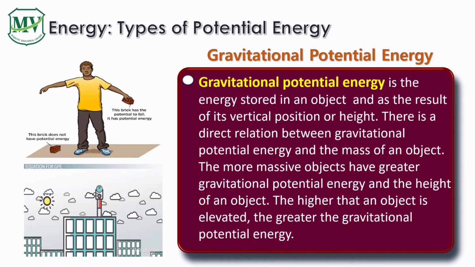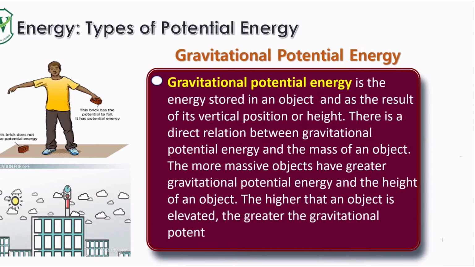The amount of gravitational potential energy an object has depends on the height and its mass. The heavier the object is and the higher it is above the ground, the more gravitational potential energy it holds. Gravitational potential energy increases as weight and height increase.